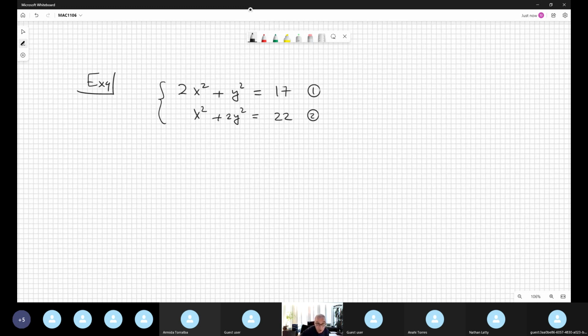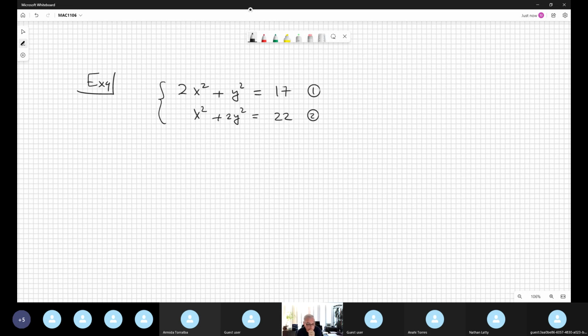Non-linear, right? Both are non-linear. And unfortunately, we cannot isolate one variable. You can, but you complicate your life because you need to apply square root to both sides. But this is a classical example.